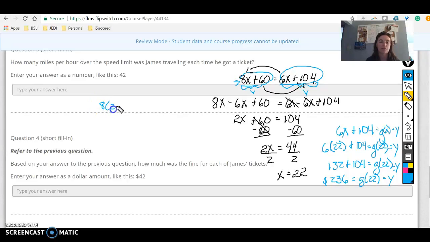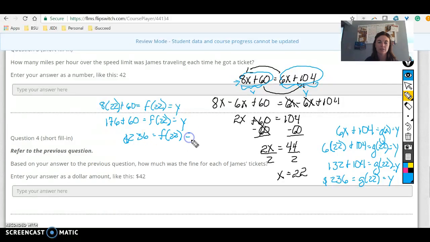So 8 times 22 plus 60 equals f at 22 or y. 8 times 22 is 176, and if I add 60 to that, I get $236, which equals f at 22, which equals y.